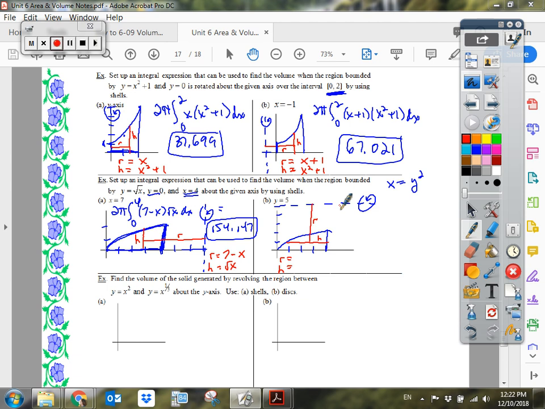Now, as it turns out, we're not rotating about the x-axis. If we were rotating about the x-axis, R would be y. But we're not. We're rotating up here. So we don't want the y part, right? We want 5, which is this whole space, take out y. So R is going to be 5 minus y.